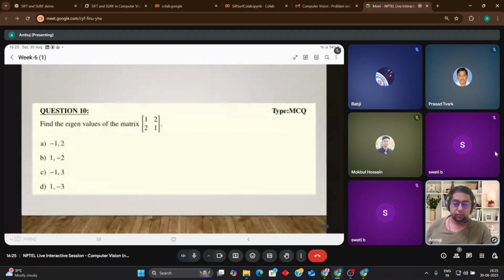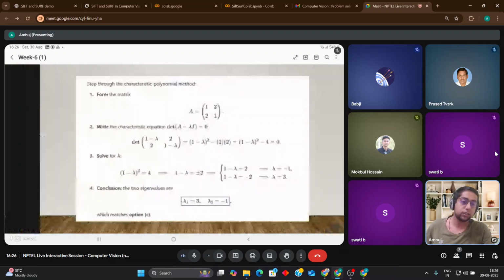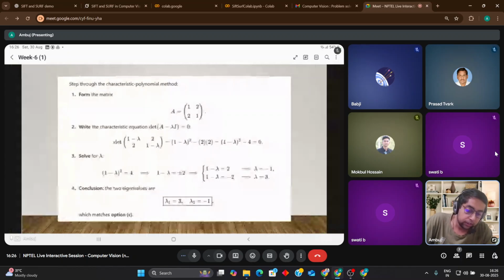Then question number 10: find the eigenvalues of the matrix [1 2; 2 1]. A very simple question. You already know from your BTech first year engineering mathematics that for calculating the eigenvalues of a matrix, we use the characteristic equation, determinant of A minus lambda I equal to 0. A has been given to me.